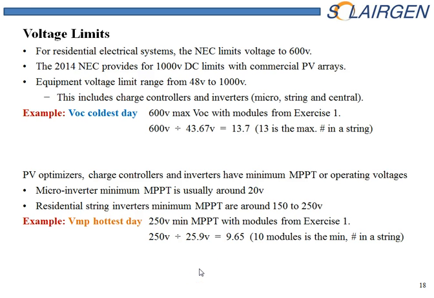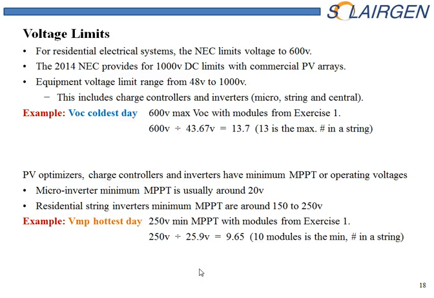Now we're looking for the minimum. These same pieces of equipment have a minimum power point tracking or minimum operating voltage before they quit working. What we want to do is stay right into the sweet spot of their maximum power point tracking range. And it varies.